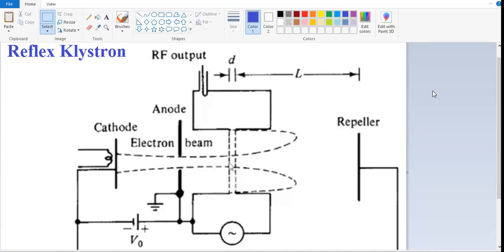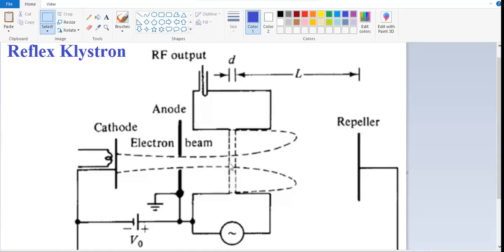It has a magnitude of gain of unity with a phase shift of a multiple of 2 pi. So the phase shift is a multiple of 2 pi.